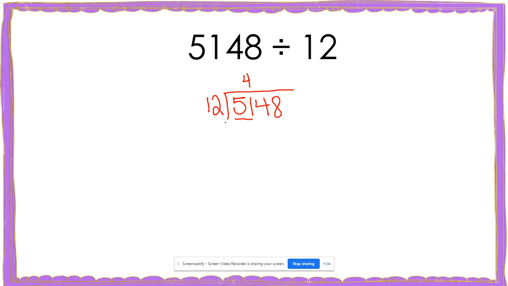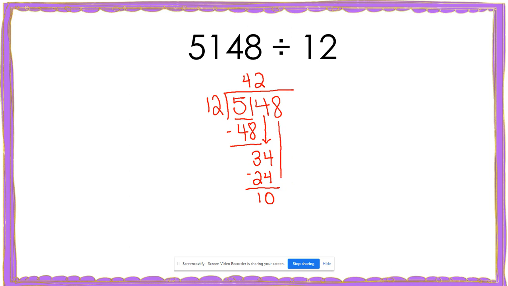4 times 12 gives me 48, and now I need to see how much I'm left with, so I'm going to subtract. 51 minus 48 gives me 3. I have a 4 that I'm going to bring down, and now I'm going to divide 34 by 12. When I divide 34 by 12, I get 2, which goes above this 4. 2 times 12 is 24, so I will subtract from 34 to see what I'm left with. 34 minus 24 is 10.